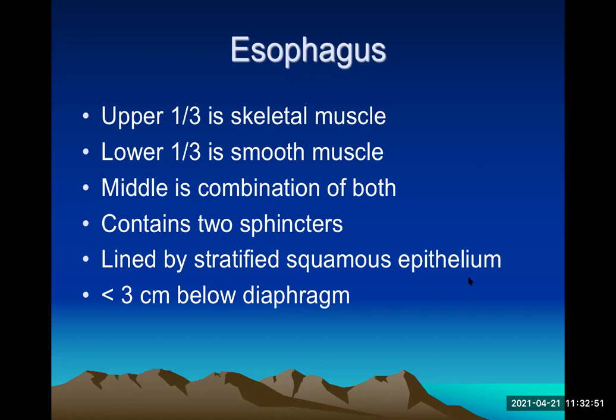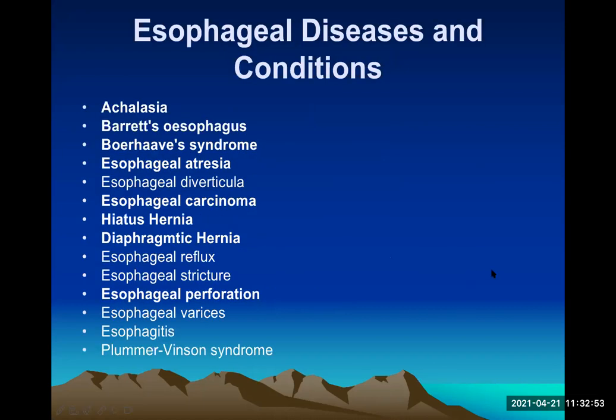Now let's move on. These are the list of the esophageal diseases and conditions which may occur in esophagus. Let's go through them first, and we are not going to talk about all of them, otherwise this will be a huge class. We'll choose the important ones. Achalasia or Achalasia cardia is one of the important conditions. I'm going to talk about that in this class.